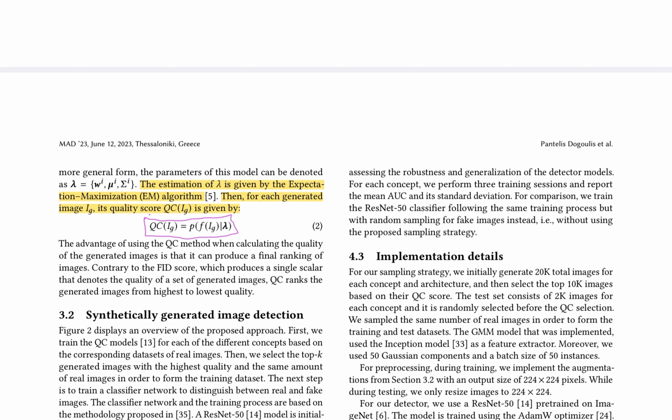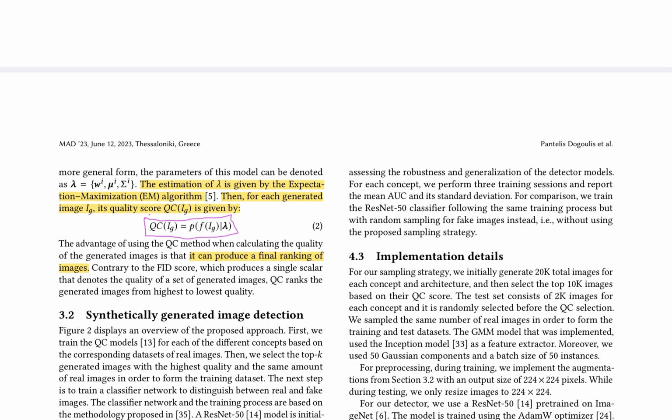The advantage of using the QC method when calculating the quality of the generated images is that it can produce a final ranking of images, contrary to the FID score, which produces a single scalar that denotes the quality of the set of generated images.